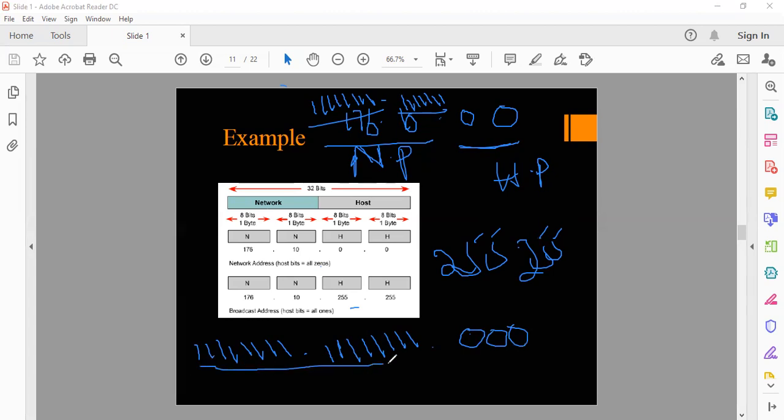Two octets are used for network, while the other two octets are for host. I will draw it a little smaller in size, then we will understand.